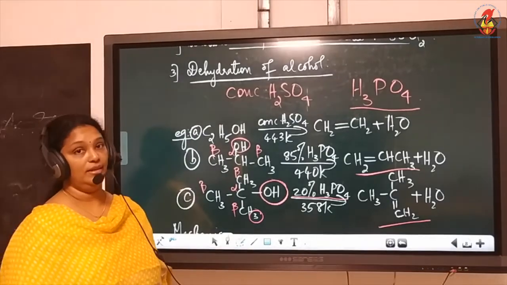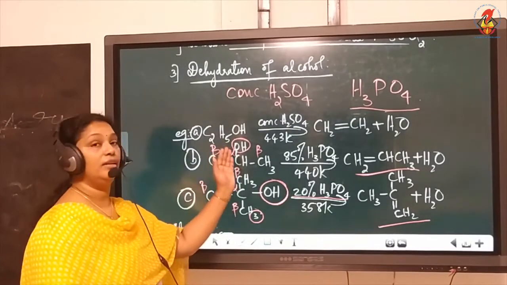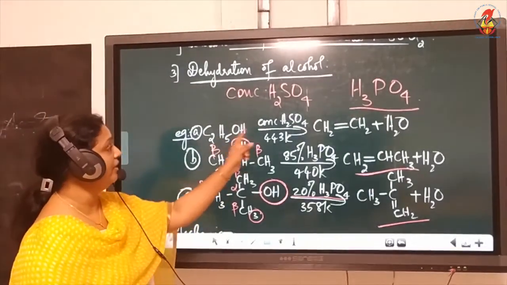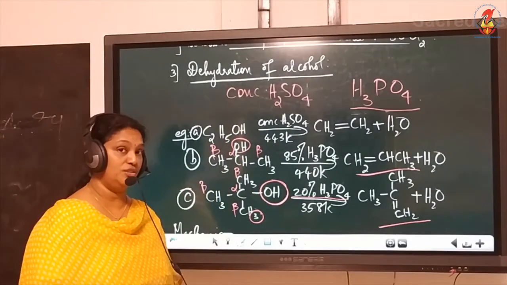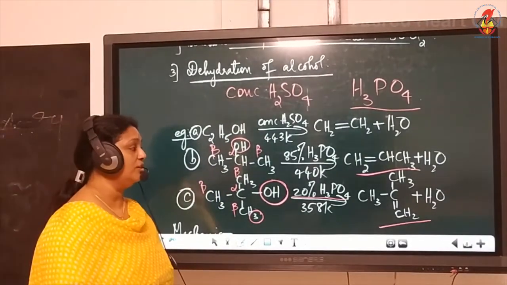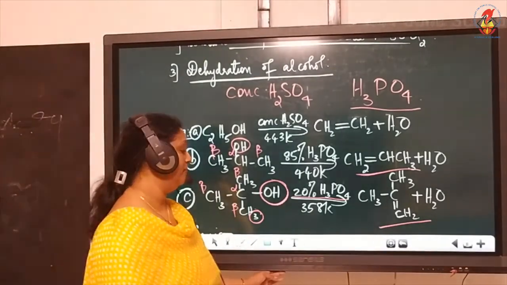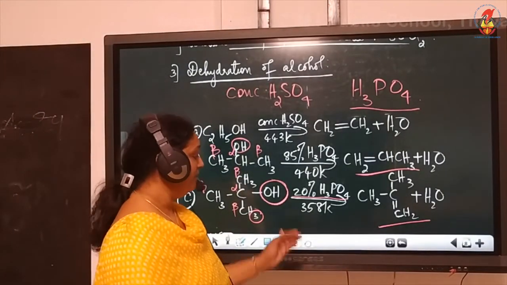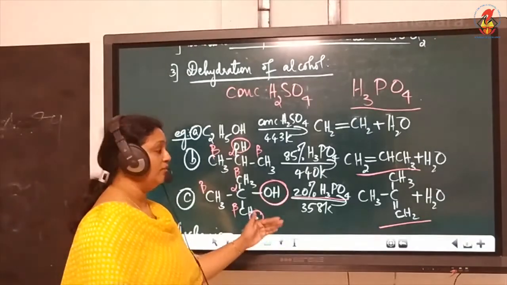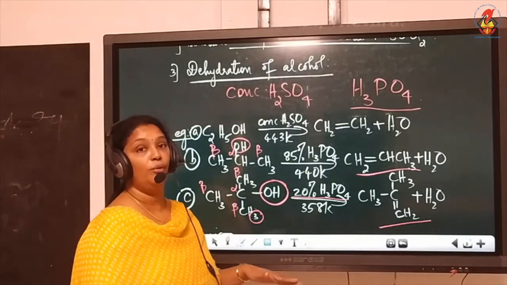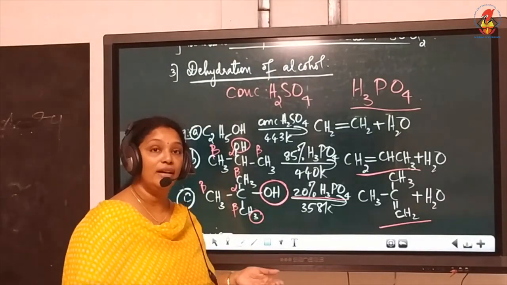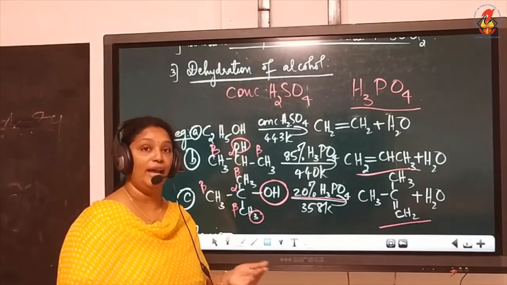Now the question: why for primary alcohol a strong dehydrating agent like concentrated sulfuric acid is used, whereas for secondary and tertiary alcohol a mild dehydrating agent is used? The reason is, when we study the mechanism, after this we are going to discuss the mechanism for acid catalyzed dehydration of alcohol to form alkene.